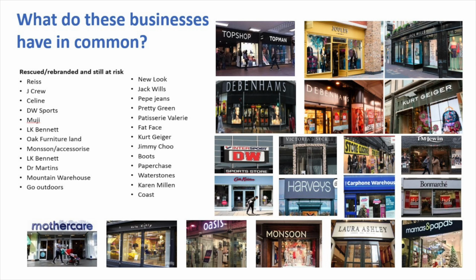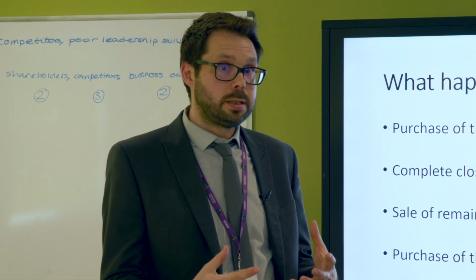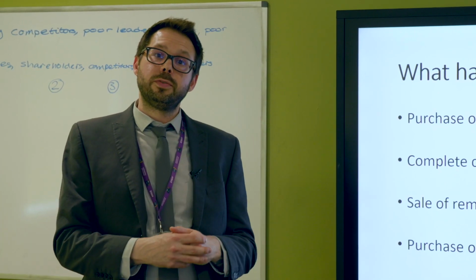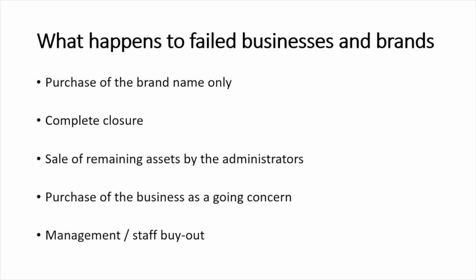So the key area about what happens next when a business fails is the liquidators have got a number of choices to make. So for example, one of the choices they could make is to sell up all of the assets and from that point pay off any debts that the business has got.